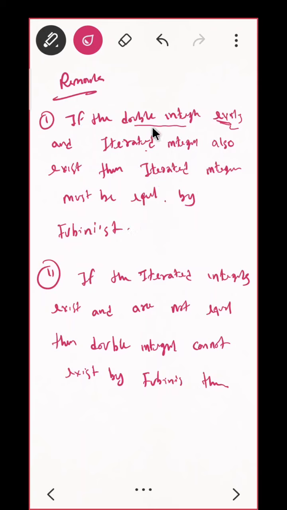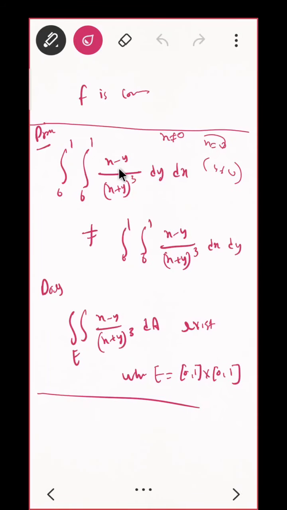If the iterated integrals exist and are not equal, then the double integral cannot exist. This is by Fubini's theorem, and here we have an example. This says both iterated integrals are not equal. The question is: does this exist or not?